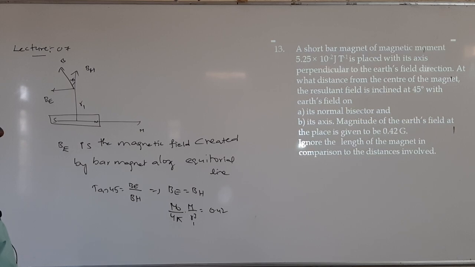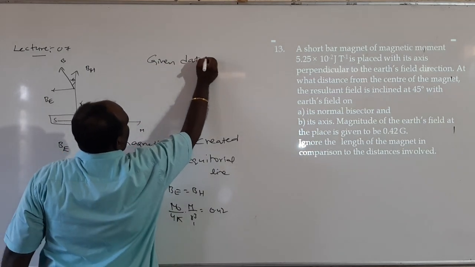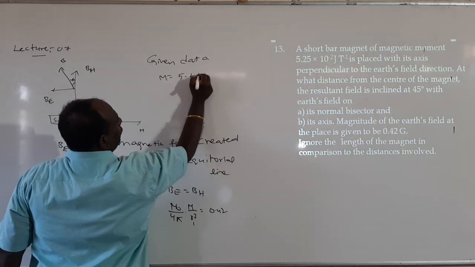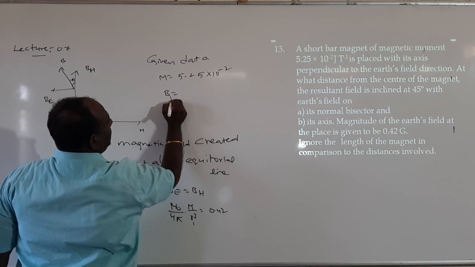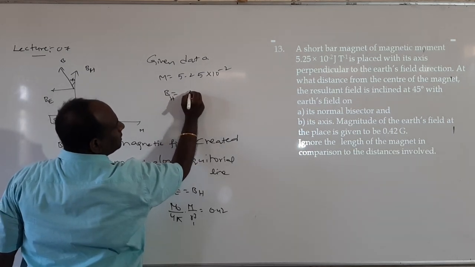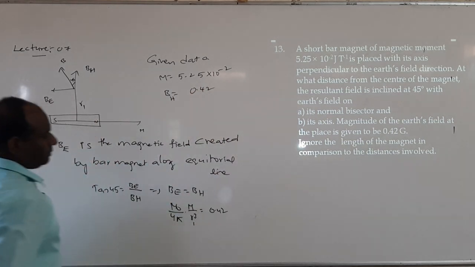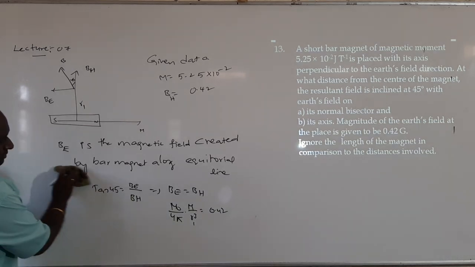What is the given data? m is equal to 5.25 into 10 power minus 2, and BH is equal to 0.42. We have to find the distance.